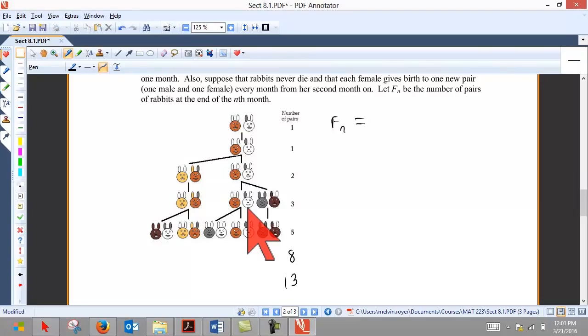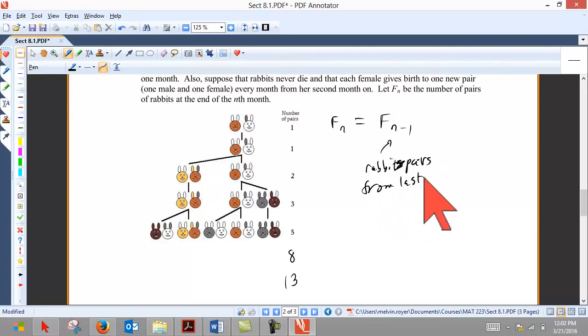And so one thing you have at the end of the nth month are all of the pairs that were alive in the previous month. So f sub n minus 1. These were rabbit pairs from last month.